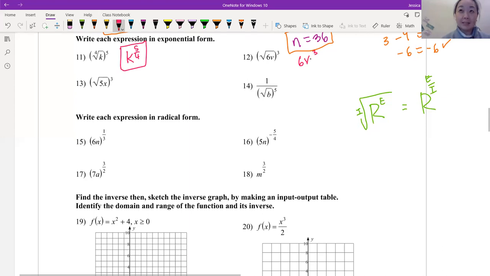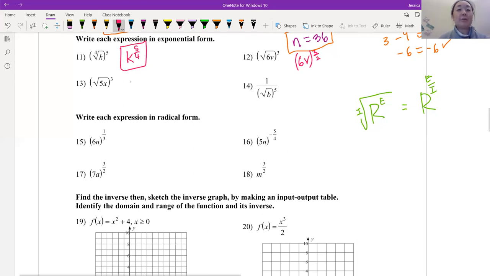Now don't forget, you need to put parentheses in there because we want the 3 to go to both the 6 and the v, not just the v. All right. And then, oh, there's no number there, which means, what is it? Remember, it's called the square root. So think about, remember, it's related to the square. And what number is the square? 2. That's why this is an invisible 2 there. This 3 over 2. There we go.